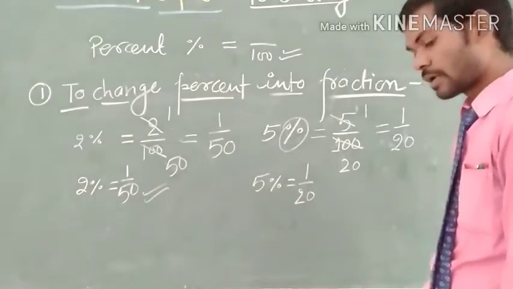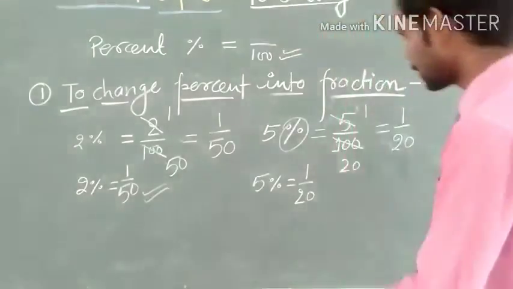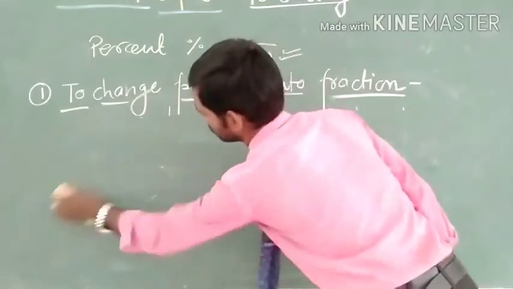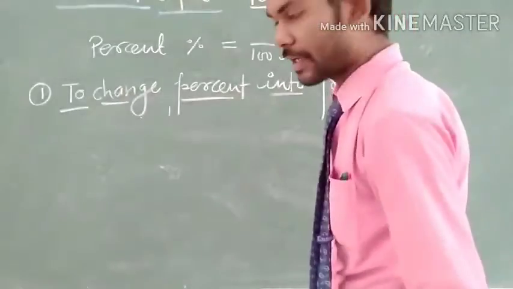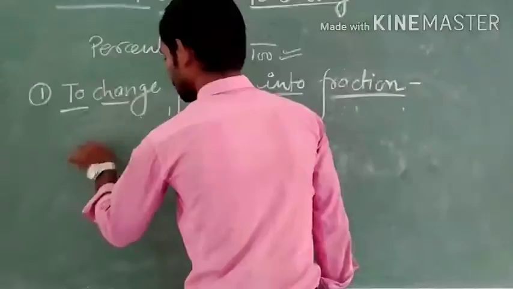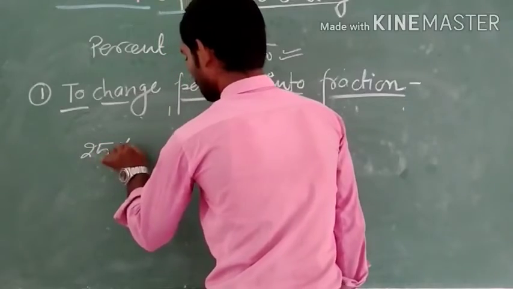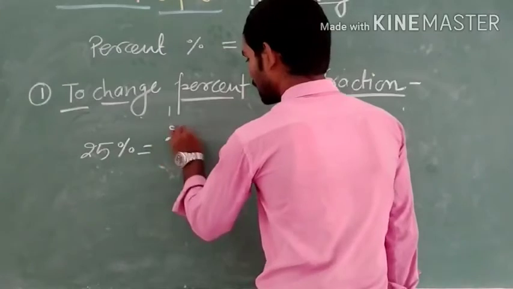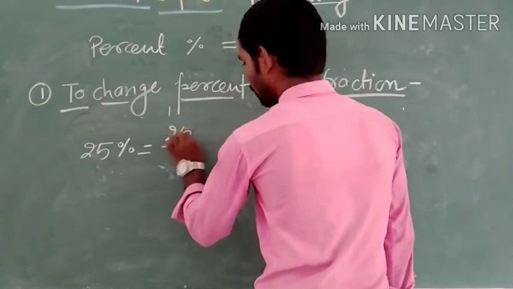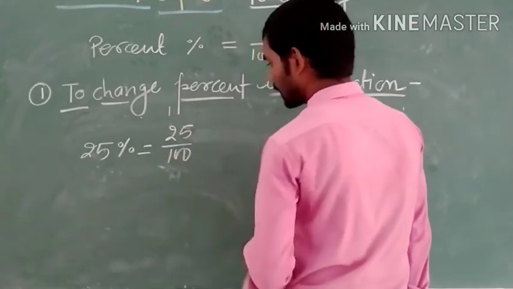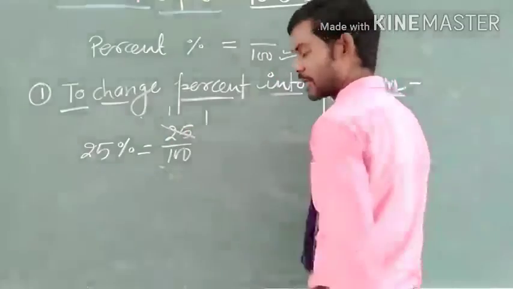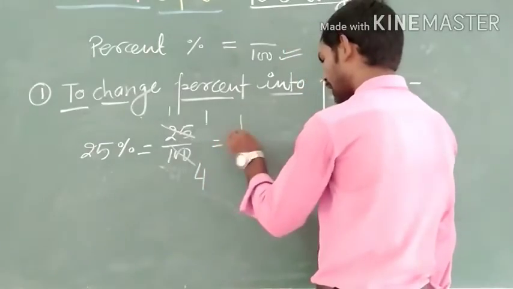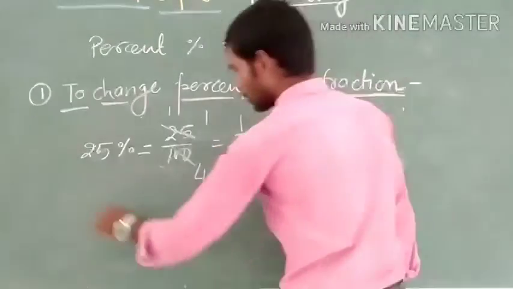Okay, let us see some more on it. If I write 25%, then this can be written as 25 upon 100, and here we divide: 25 ones are 25, 25 fours are 100, and here we get 1 upon 4.